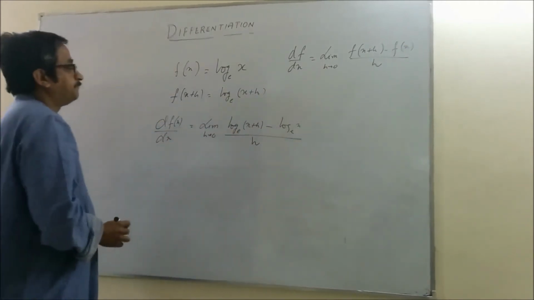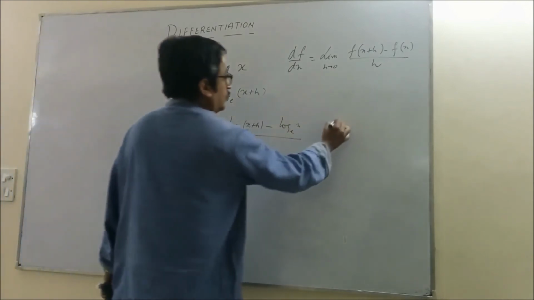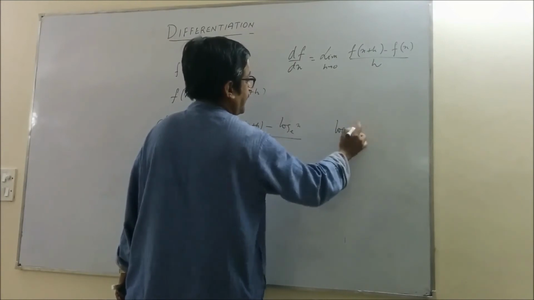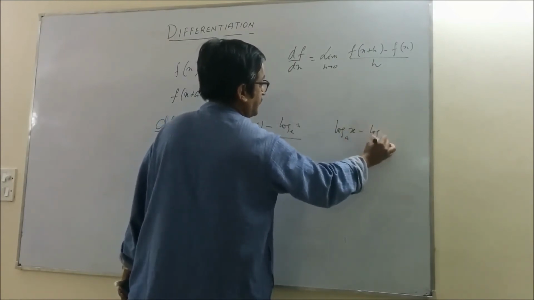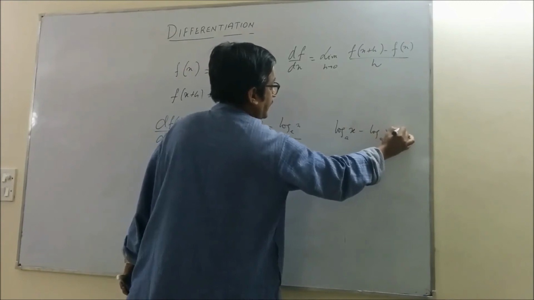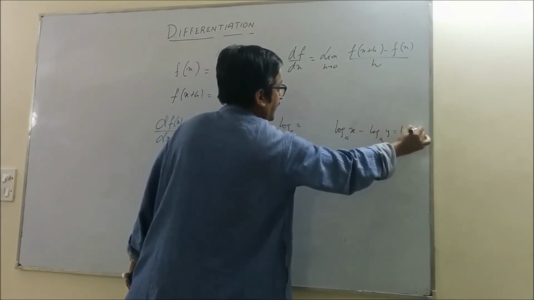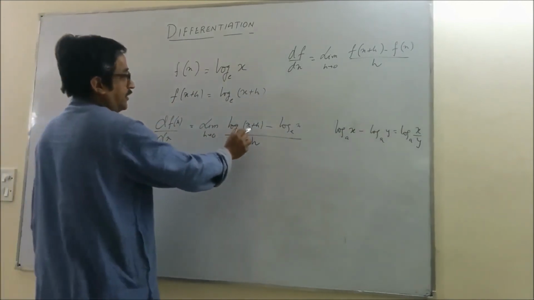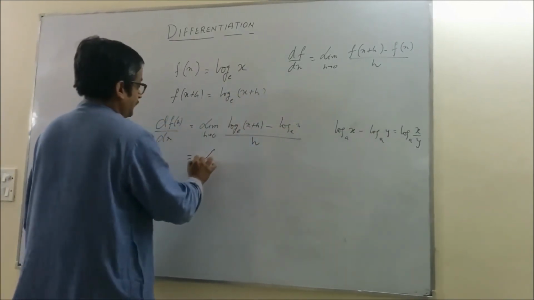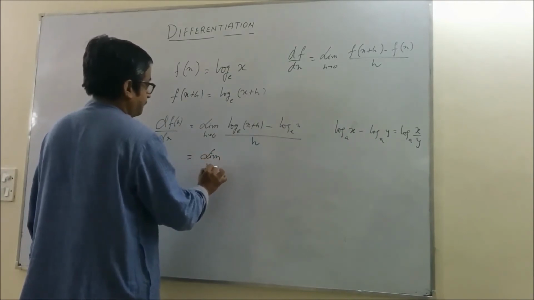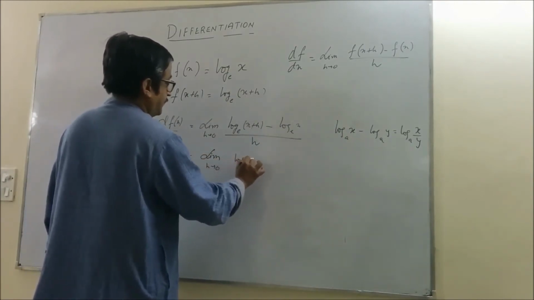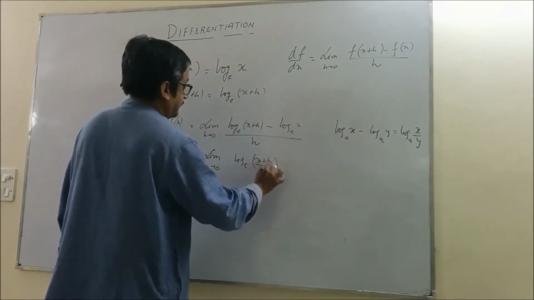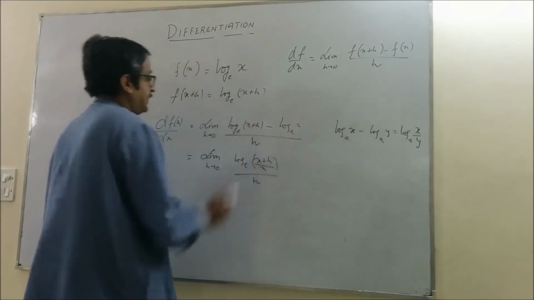Now we know that log any base x minus log same base y is log x by y. So log x minus log y, so I will get log of (x plus h) by x, whole thing by h.